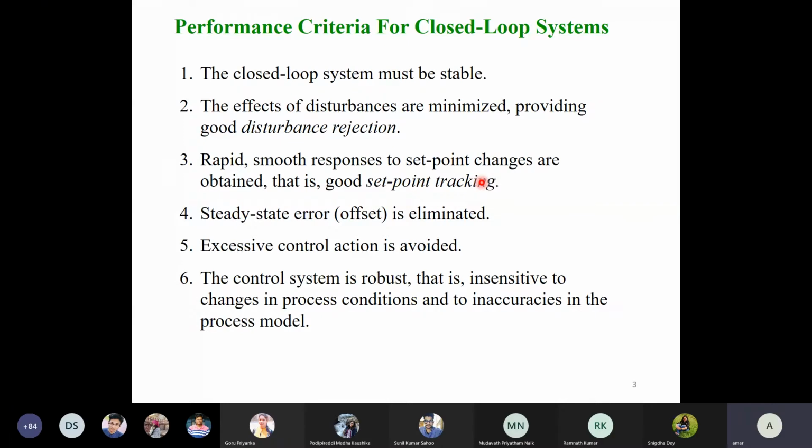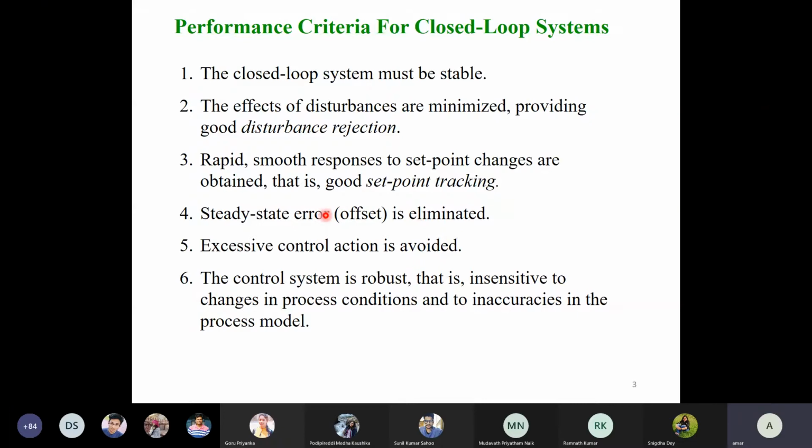In any control system, there are two tasks the control system has to perform. One is the servo control, another is the regulatory control. Servo control means set point tracking and regulatory control means disturbance rejection.